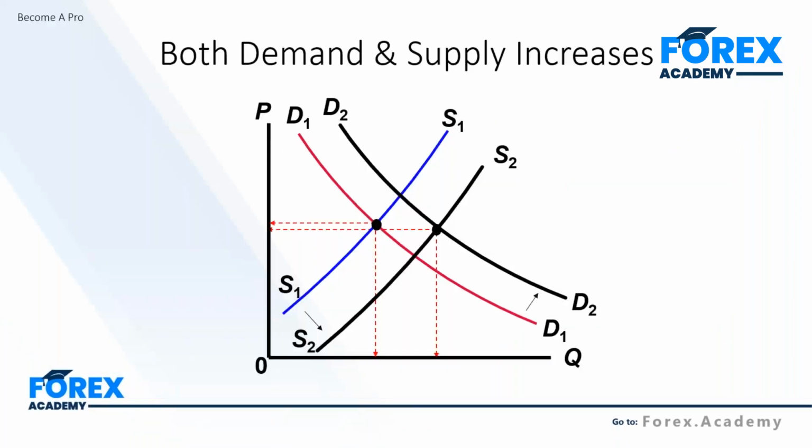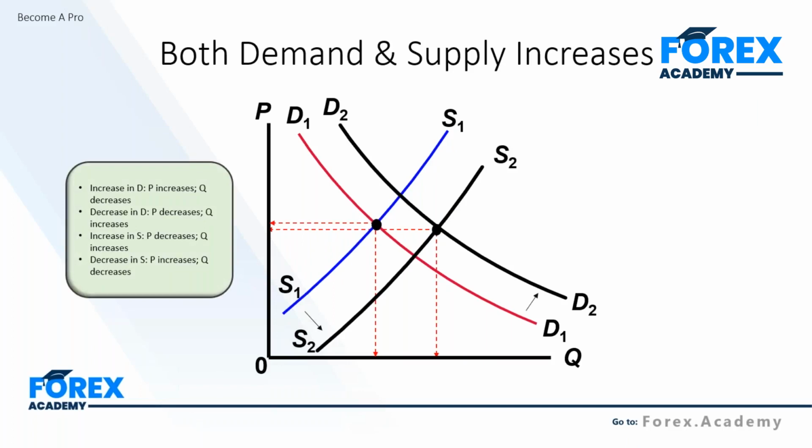We have our supply and demand shifts, both moving left and right, and they'll constantly move with new news flow entering the markets, dictating new changes in price structures. So when we see an increase in demand, price increases and quantity increases. When we see a decrease in demand, price decreases and quantity decreases. Conversely, with an increase in supply, price decreases and quantity increases.